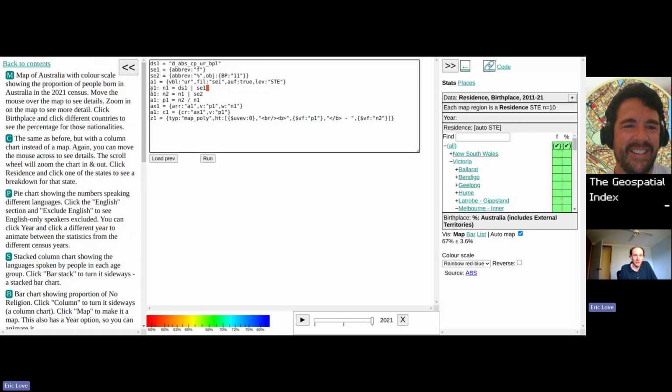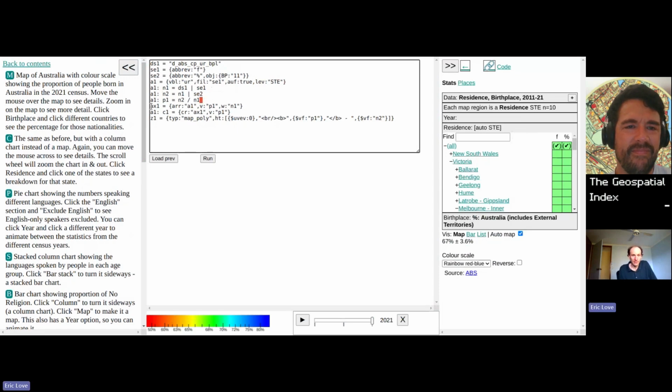And then for each residence, N1 is get from our data source and filter it through selector 1, which does nothing. So this gets you the number of people in each area. N2 says get that N1, but filter it through selector 2, which is our born in Australia. So N2 is the number of people born in Australia in each area. Then for each area, P1 is N2 divided by N1, so that gives us our percentage.